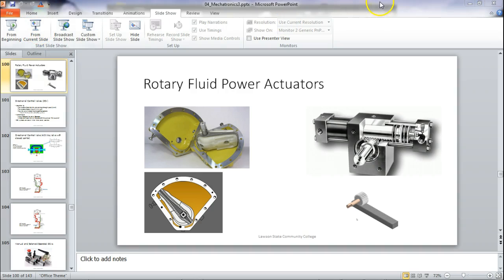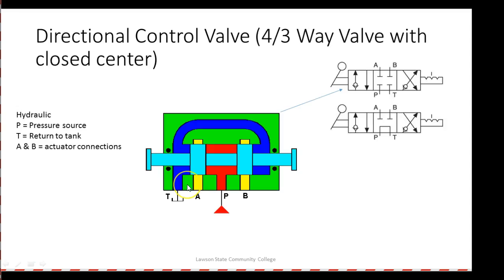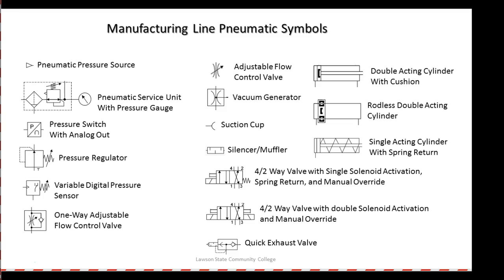So now you should be able to see the animations, right? So all we're doing on this one, the internal works of this one limits the stroke. Here, of course, when the piston hits one side, it limits the stroke. And you'll see both of these out there. And these we call rotary actuators. And of course, these are just manual or solenoid operating directly.